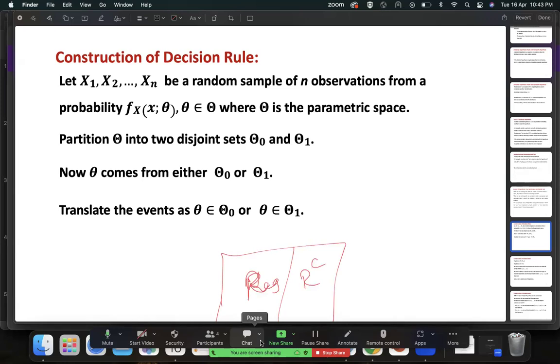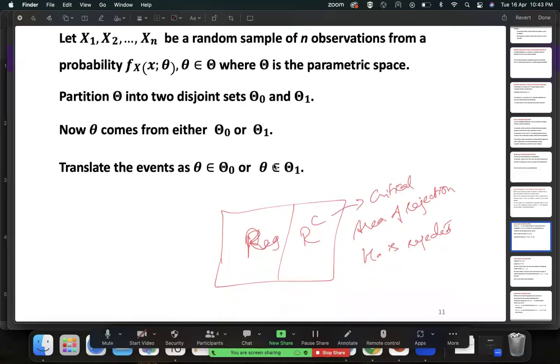This region could be called a critical region, and it is usually your area of rejection. In this case, your null hypothesis is rejected. You'll understand better when we see examples.